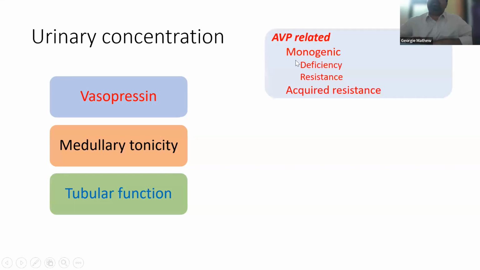Vasopressin problems which are AVP related can be monogenic deficiency or resistance of vasopressin, or an acquired resistance of vasopressin. Another important factor that I've already told you is the medullary tonicity or the concentration gradient. Any illness or abnormality which disturbs this concentration gradient will also result in poor urinary concentration. That means kidneys are unable to concentrate, or kidneys are excreting dilute urine in large volumes.